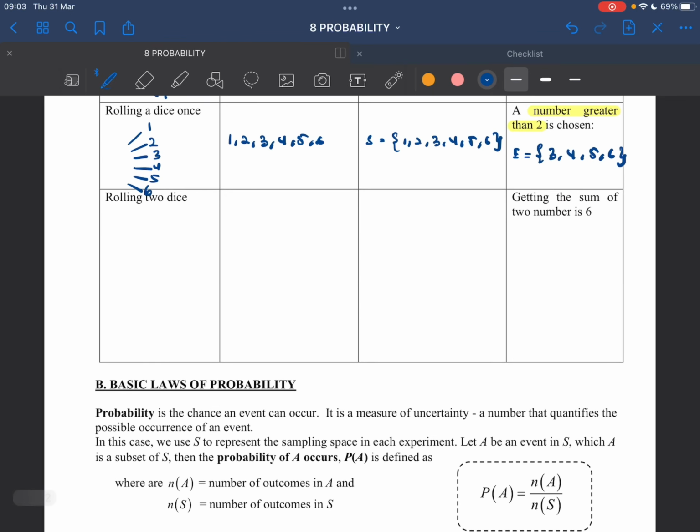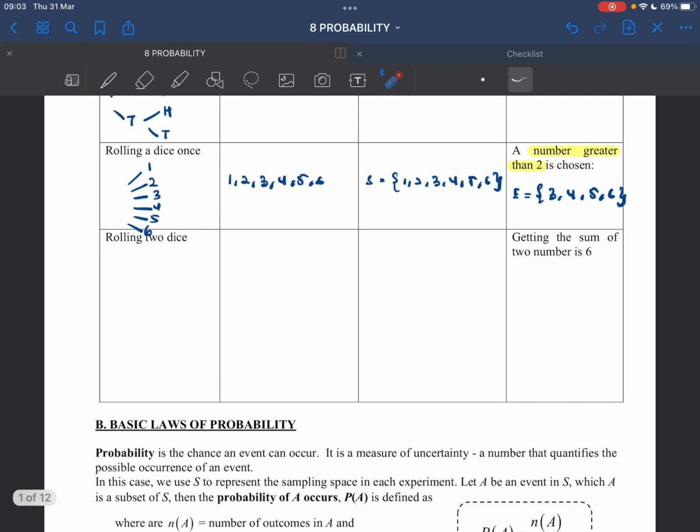Last one, we have rolling 2 dice. This is rolling 1 dice. If you get 1 in the first roll, in the second roll maybe you get 1, 2, 3, 4, 5, 6. If you get 2 in the first roll, second roll maybe you get 1, 2, 3, 4, 5, 6. We're not going to do all of that.